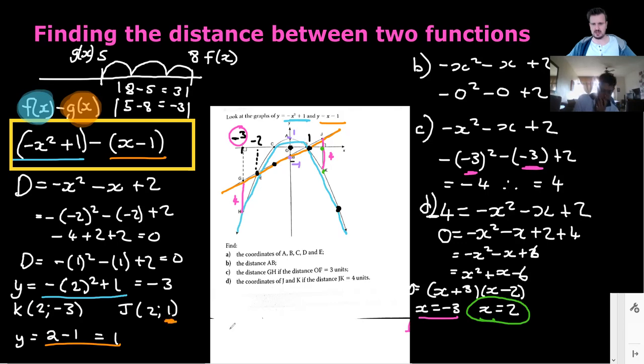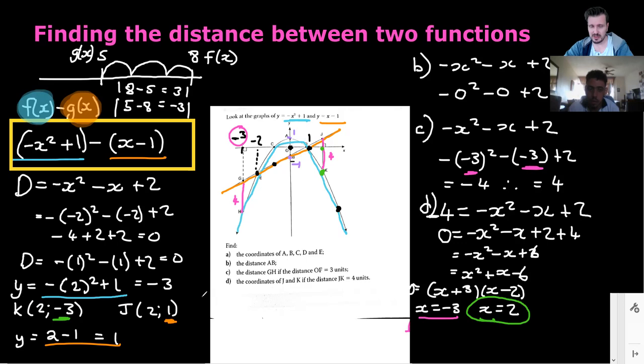Okay, so we've got that 1 there. And we've got the K in green there. Okay, and so the coordinates of J and K are 2 and -3 and 2 and 1. Where did we get the 2 from? Oh, no, never mind. The 2 we got from using the distance formula.